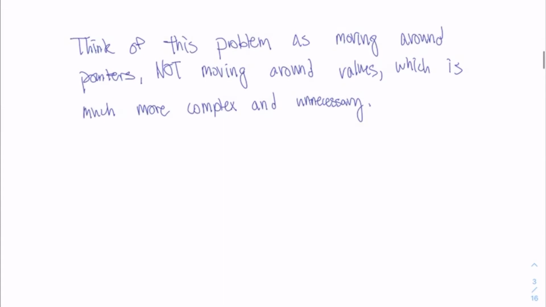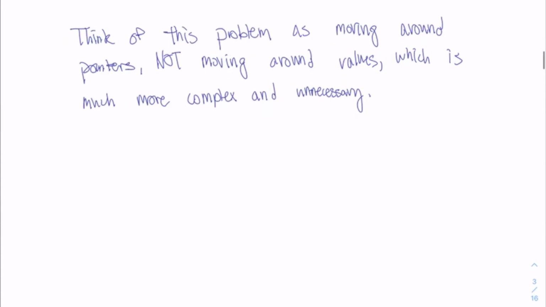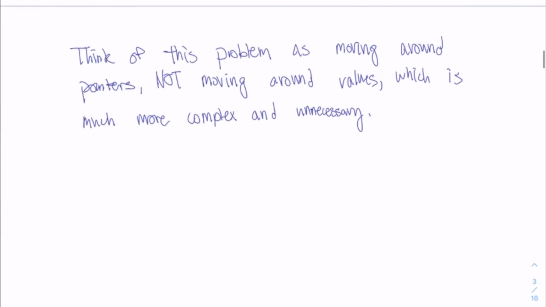The second thing I wanted to bring up before we begin the implementation is to realize that this problem isn't dealing with the values of the nodes, but rather dealing with the arrows and the pointers of the nodes.